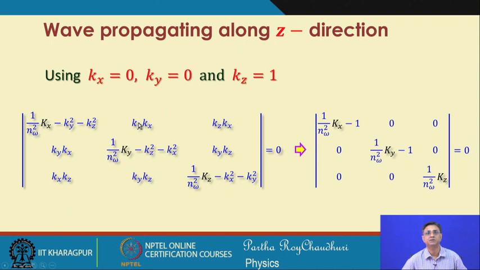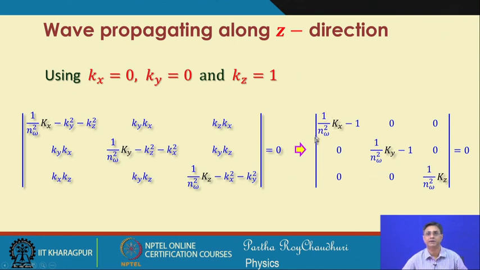This equation will take this shape, because k x equal to 0 makes this term 0, this term also 0, k y will make this term 0. So, all 6 off diagonal terms will be equal to 0.